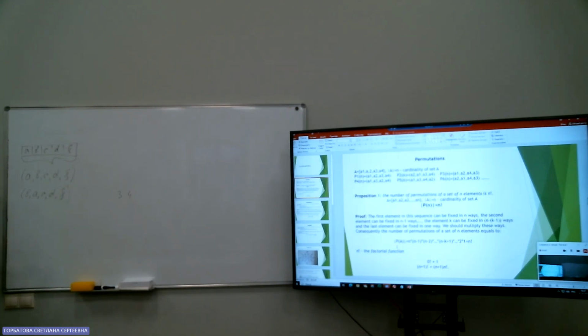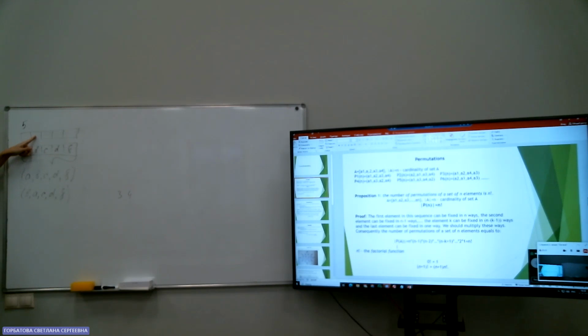And number of permutations. So the first we can draw n boxes, and the first box can be filled 1, 2, 3, 4, 5, one of 5 elements.